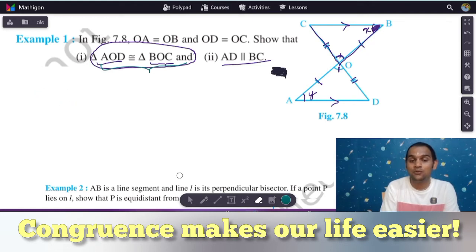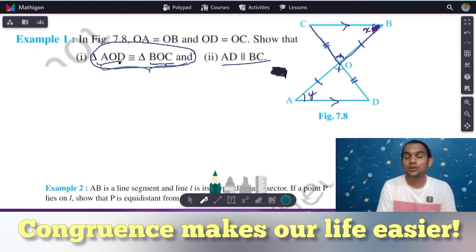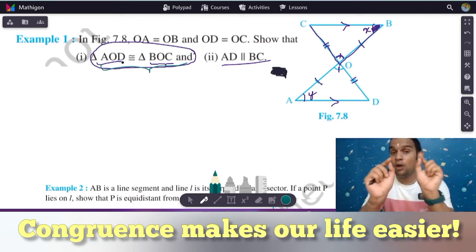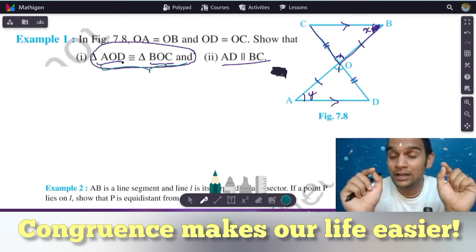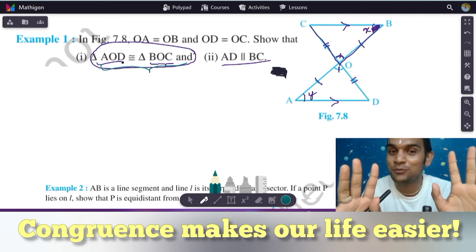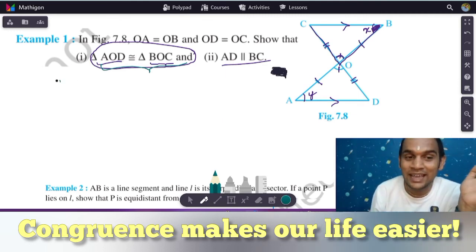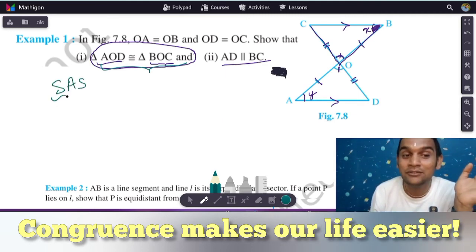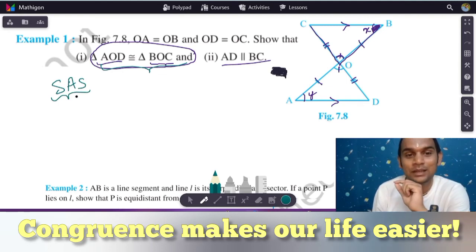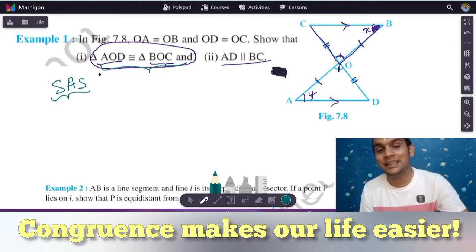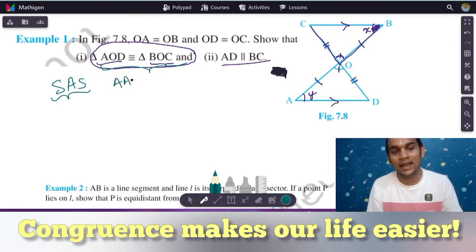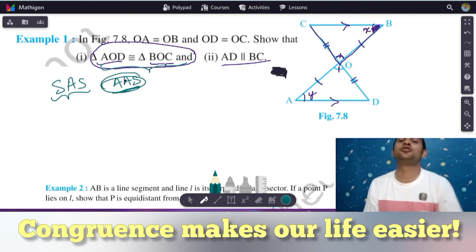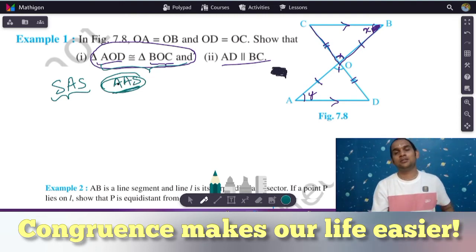Once we have proven that the two triangles are congruent, how many corresponding parts did we discuss? Six corresponding parts. If we are using the SAS criteria, we have used 3 of them. Once we have proven that they are congruent, the other 3 remaining, that is 2 angles and 1 side, will also become equal. That is what CPCT says.